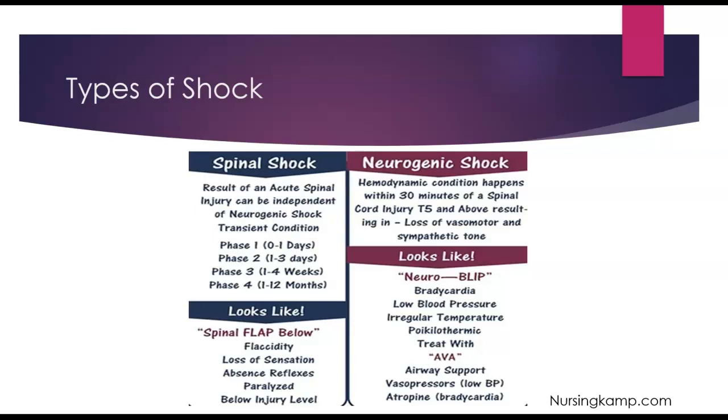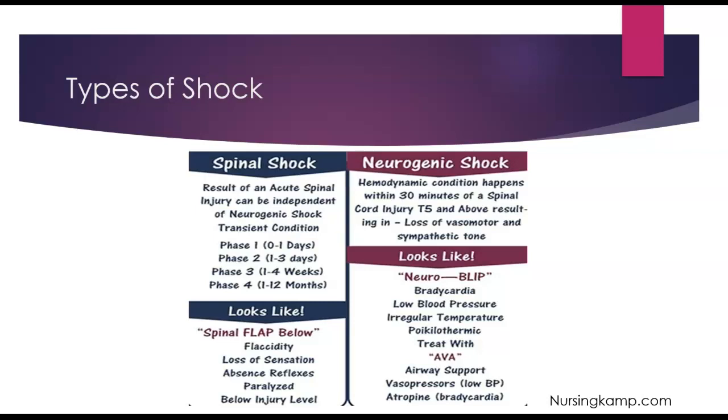Once we get through the initial life-saving measures, we're going to have a lot of psychosocial impact to our patients also. Our patients that have injuries above T6 will often have problems with hypotension and bradycardia because of that sympathetic nervous system injury.